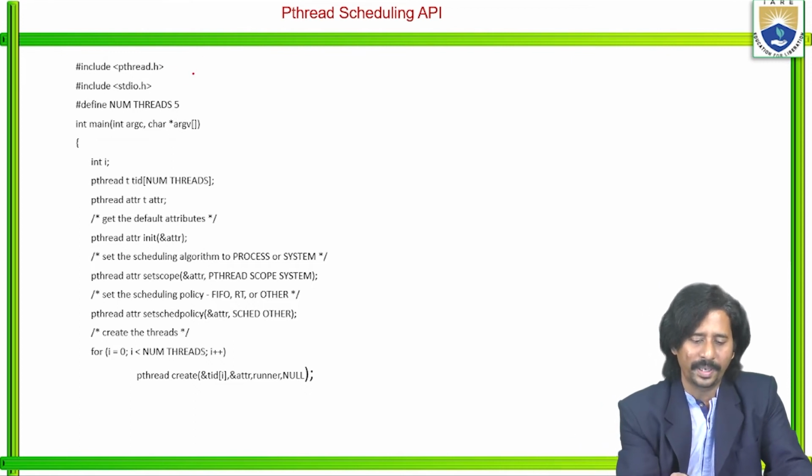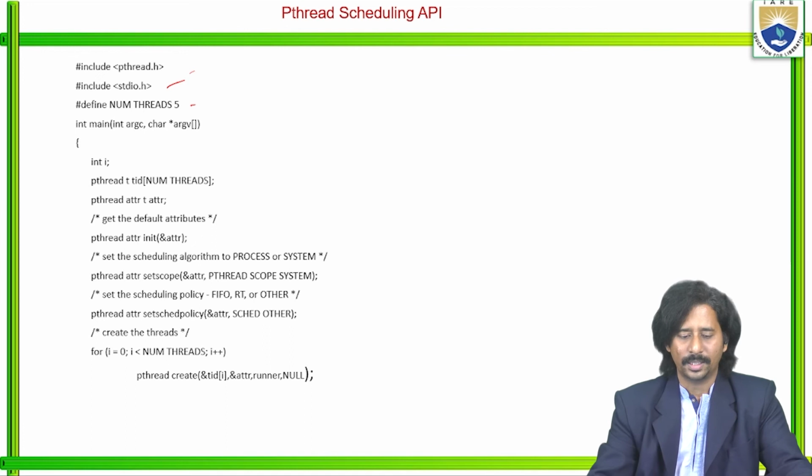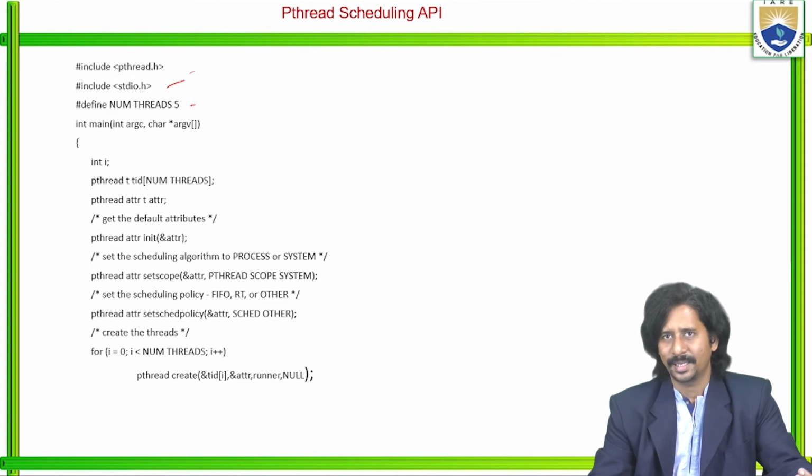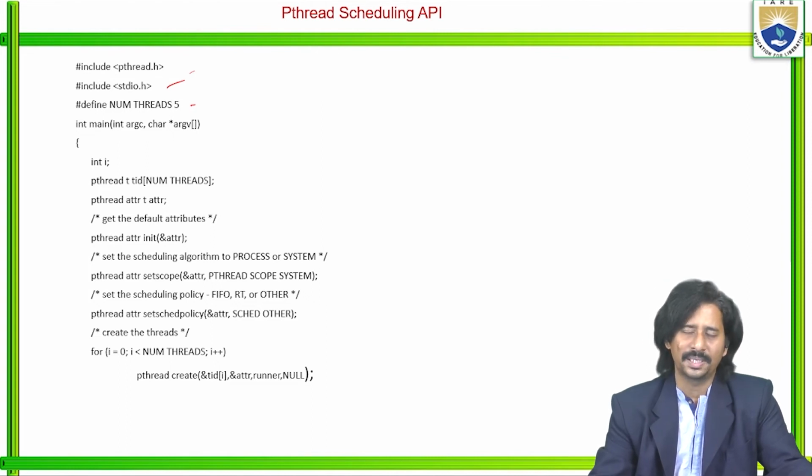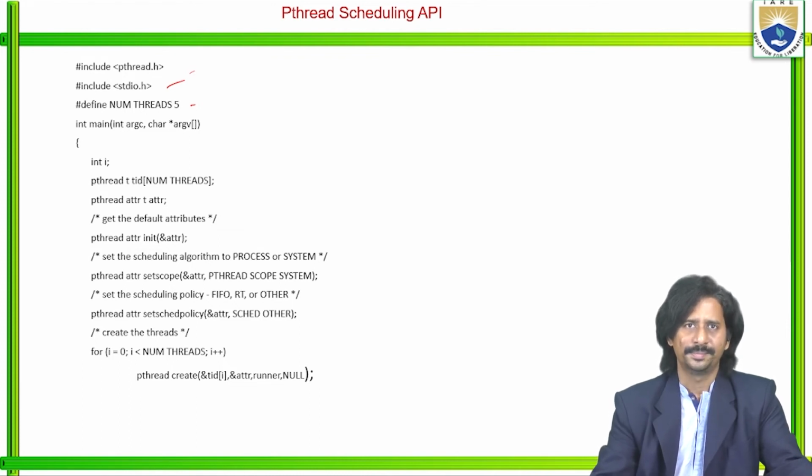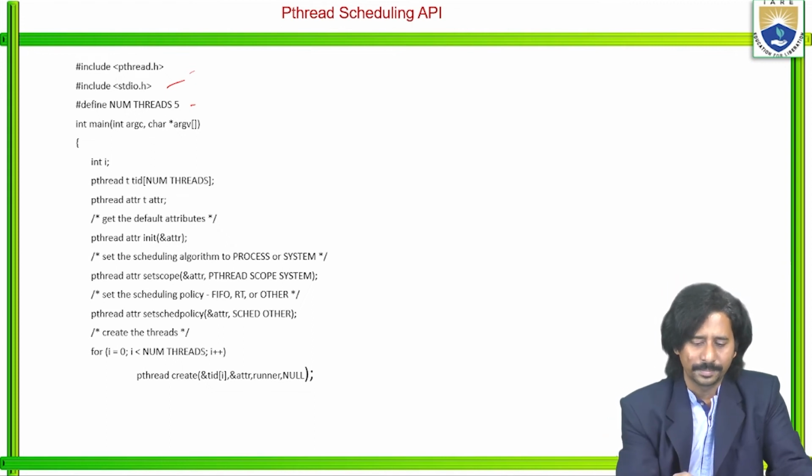See here, include pthread.h, stdio.h and define NUM_THREADS 5, right? Just like our process, whenever a process is created, the system automatically generates one PCB. Within that particular PCB, there are a number of parameters like process ID, process name, process context, like that. Here, the Pthreads creation has the pthread ID and pthread attributes.